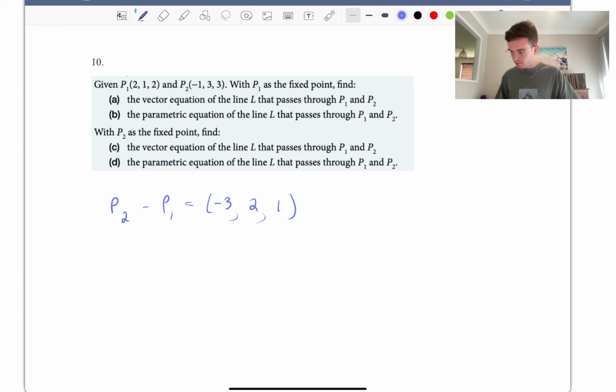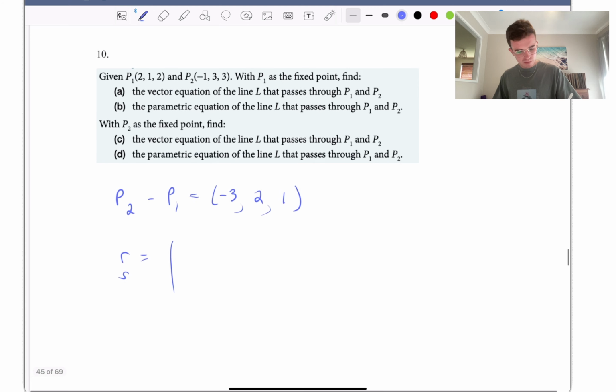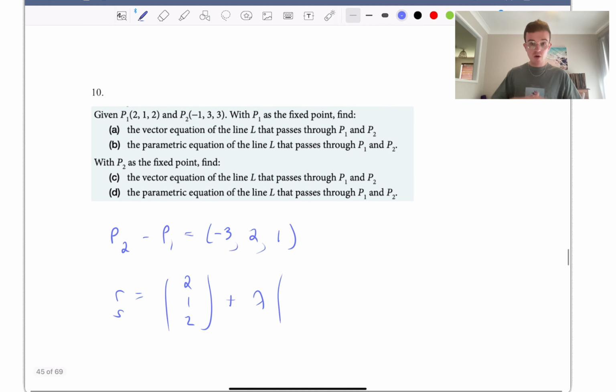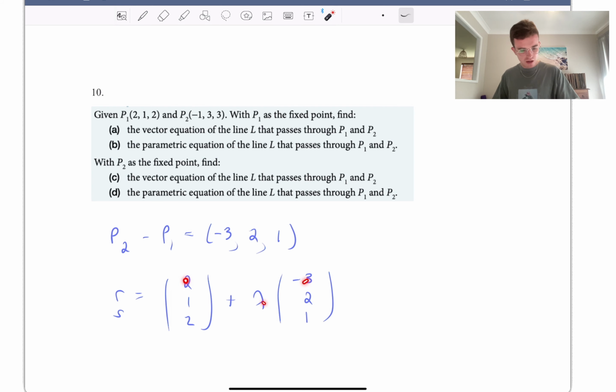So the vector equation of my line is simply going to be r equals the fixed point 2, 1, 2, plus lambda lots of minus 3, 2, 1. If lambda is equal to 1, then we're going through this point first of all: 2 minus 3 is minus 1, 1 plus 2 is 3, and 2 plus 1 is 3.